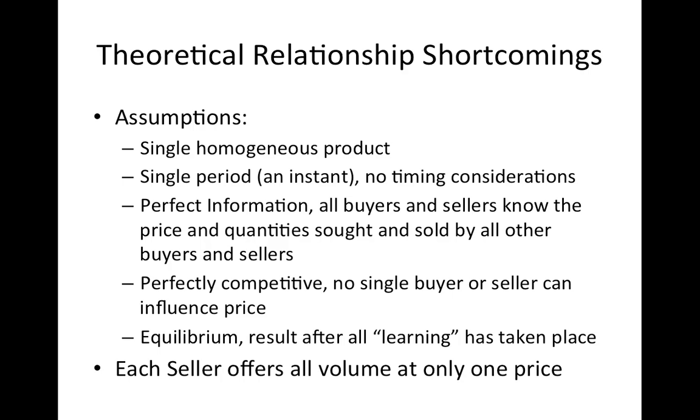And somebody stands in the middle of that and does a matching between all of them that defines this crossing point and says, you buyers will get your needs met at this price, you sellers will sell products at this price, and those of you who are buyers that aren't willing to pay that price won't get anything, and those of you sellers who aren't willing to accept that price, you won't sell anything, and that's just the way it works. So that's a problem for us.